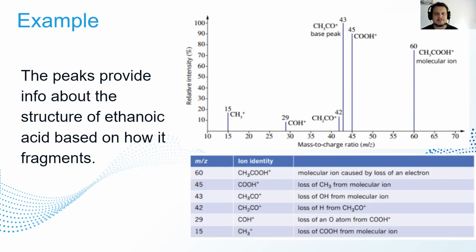Figure out the molecular mass of CH3COOH, which is 60. If it's higher than that, add some carbon and hydrogen, and it'll tell you that it's ethanoic, propanoic, butanoic, whatever. Or if it's lower than that, take one away.